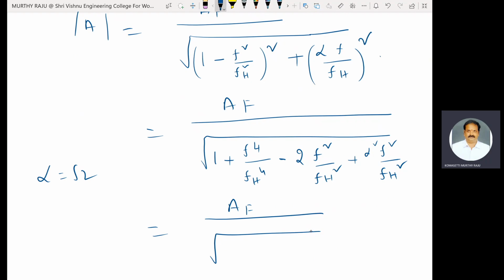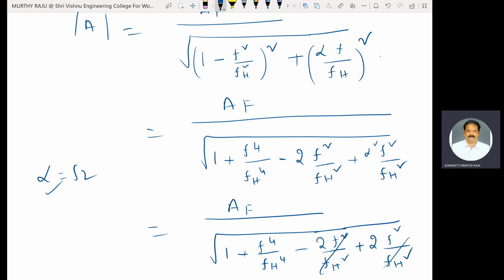Therefore, remember this value: 1 plus f power 4 by f_H power 4 minus 2 f squared by f_H squared. Root 2 means alpha squared is 2, so plus 2 f squared by f_H squared. These two terms are cancelled.